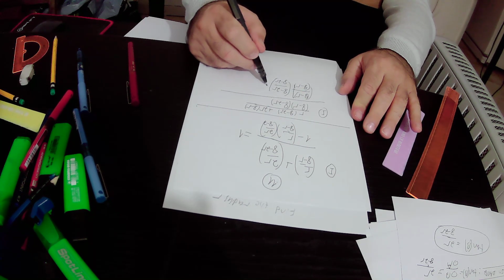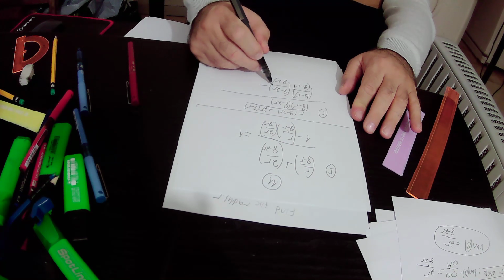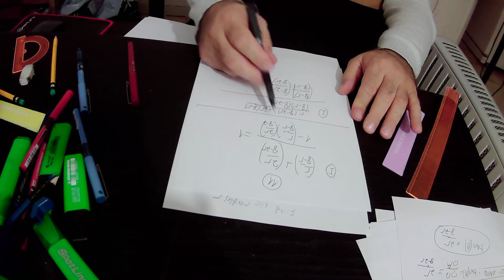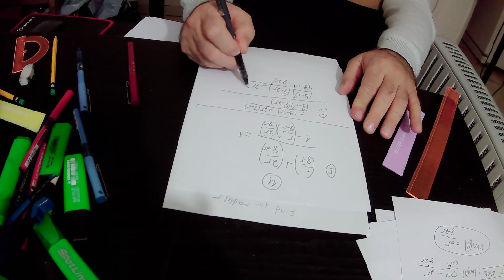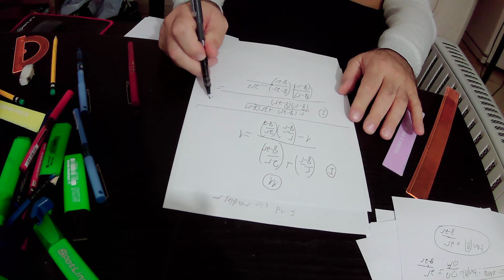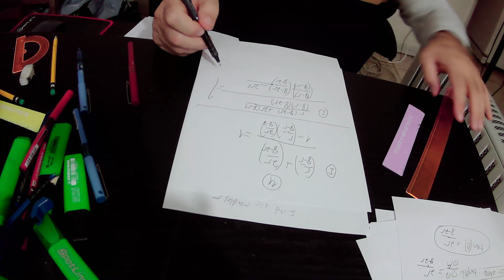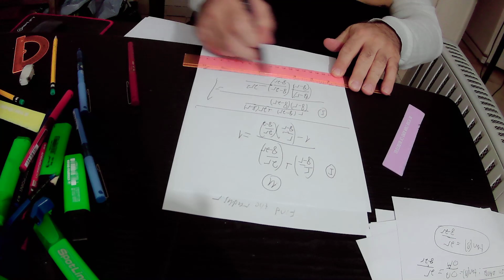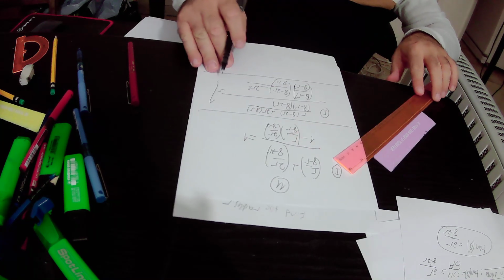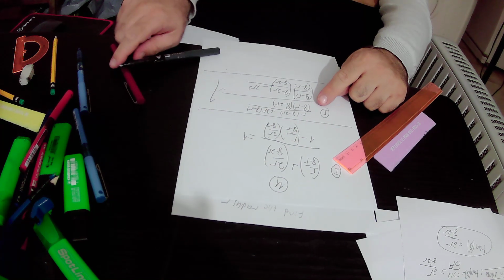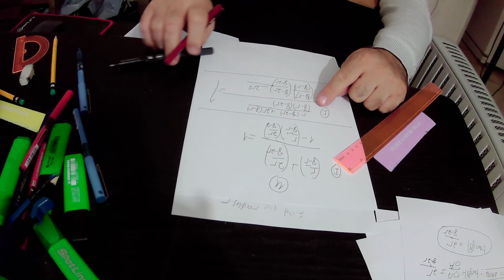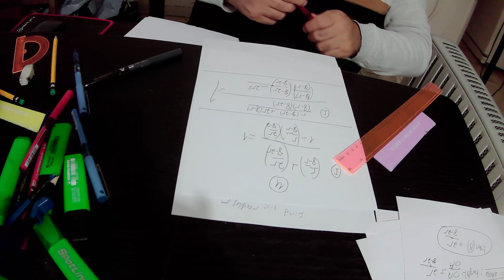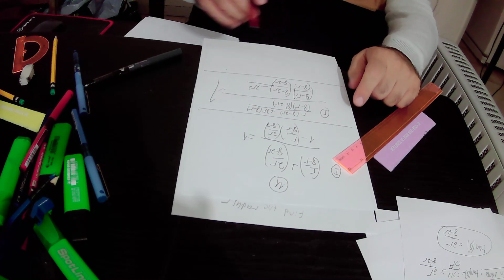Then we have to subtract from 1. We subtract from 1. r times 2r is 2r squared. All equals to 1. So actually here we have in the numerator 8 minus r times 8 minus 2r, and we have in the denominator 8 minus r times 8 minus 2r, the same expressions.